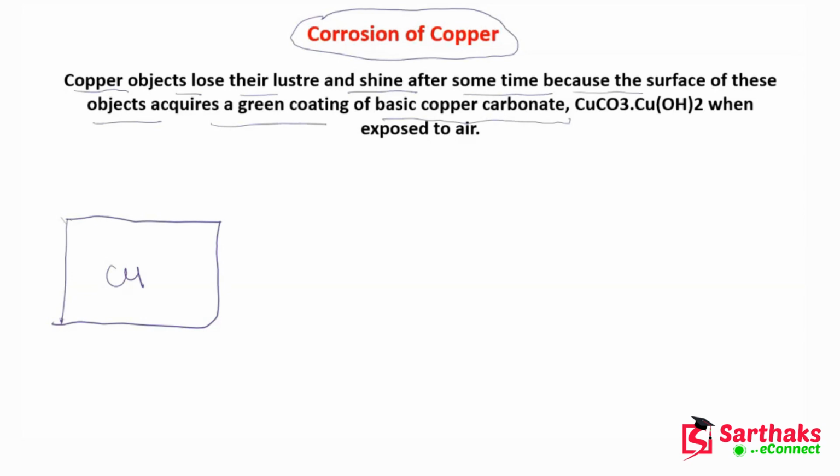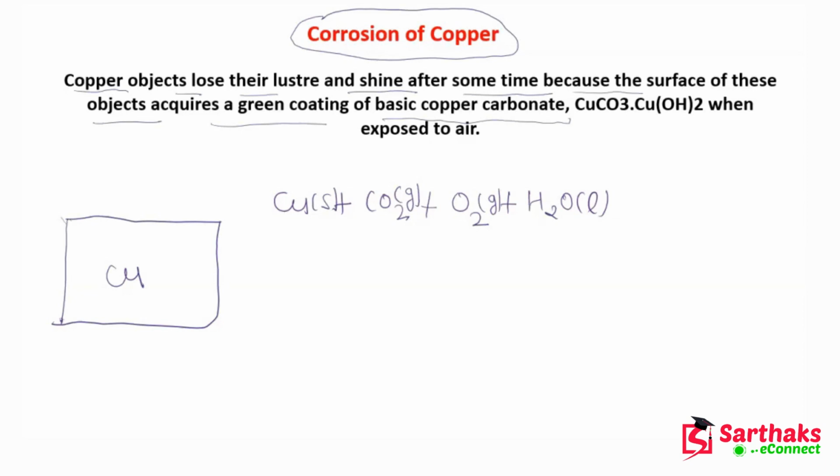This happens because this copper reacts with carbon dioxide. Carbon dioxide is also present in the atmosphere, we all know it. And oxygen is everywhere, so it reacts with oxygen and the moisture. Oxygen is a gas, carbon dioxide is also a gas, and this is a solid.